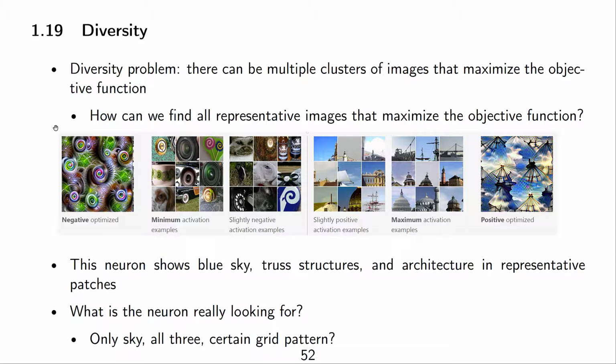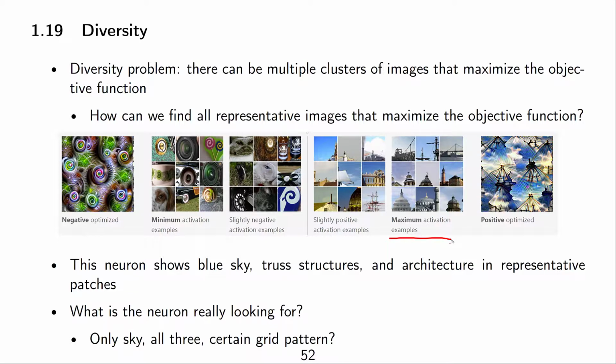So the goal would be to have a visualization that is not only dominated by the most important of the different semantic concepts that an activation reacts to, but that all of them are somehow captured in the visualization.